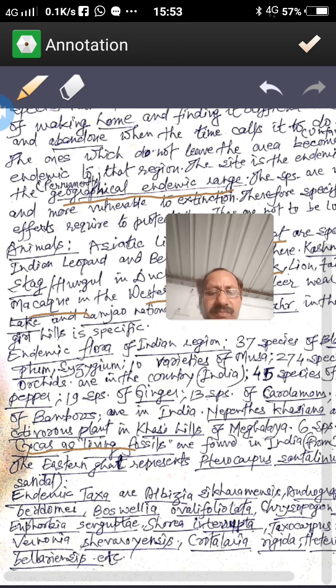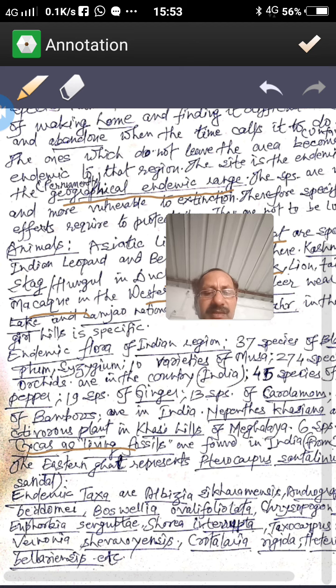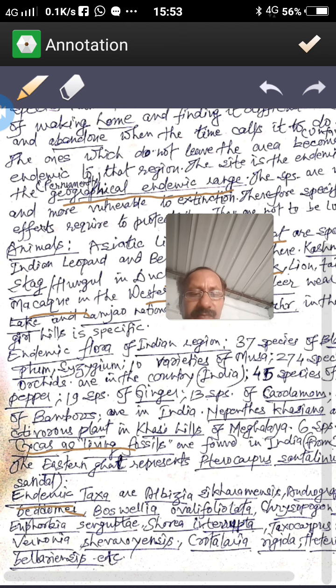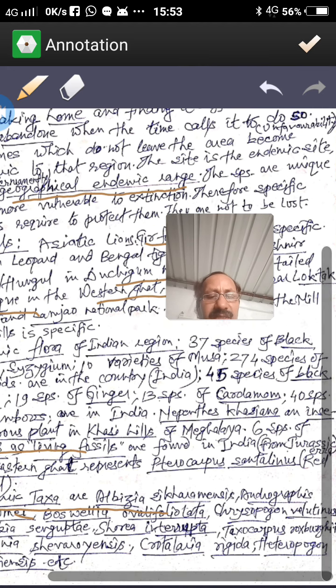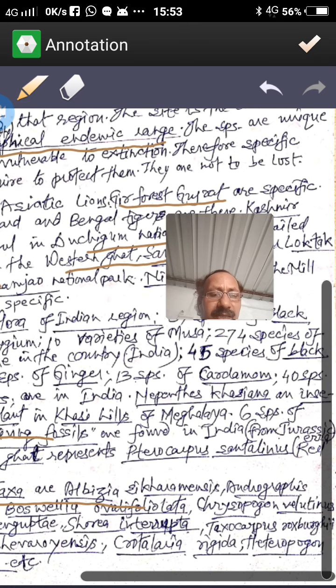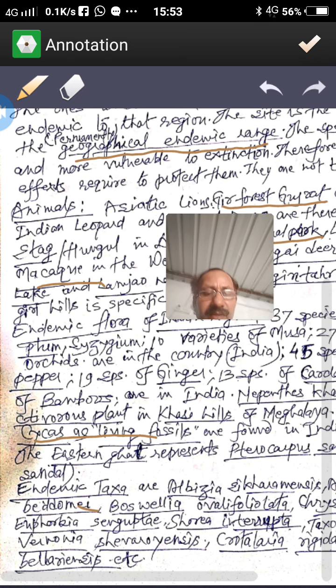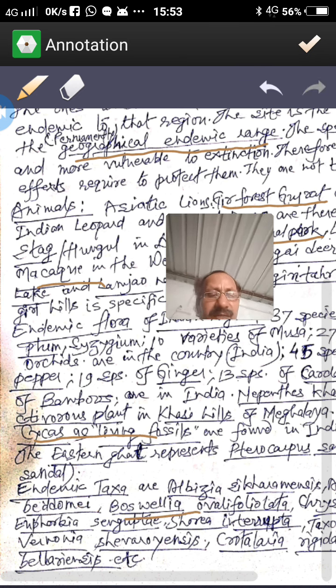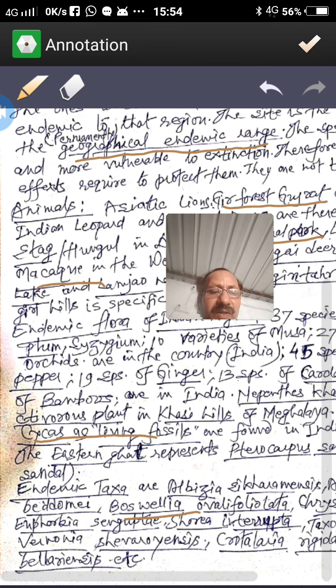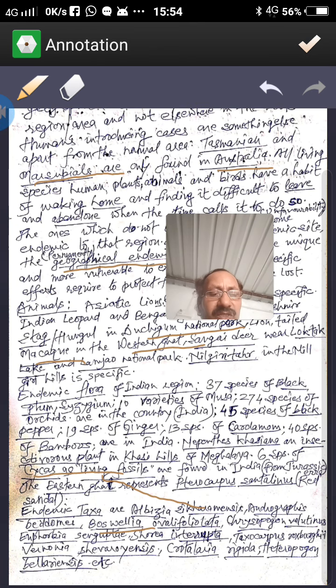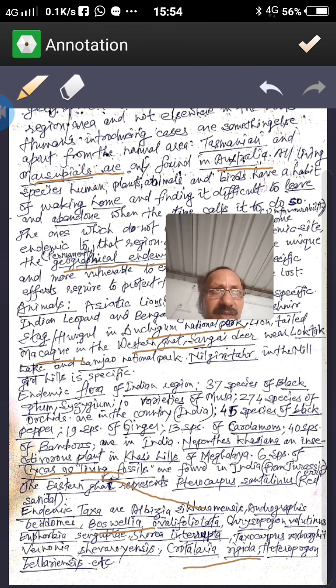You see other plant species, endemic taxa: Albizia, Andrographis, Boswellia, Pholiolata, Chrysopogon velutinus, Crotalaria rigida, Crotalaria, here in your playground, in your grassland.